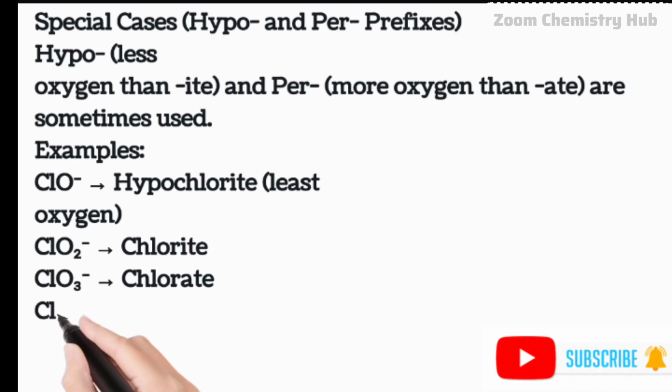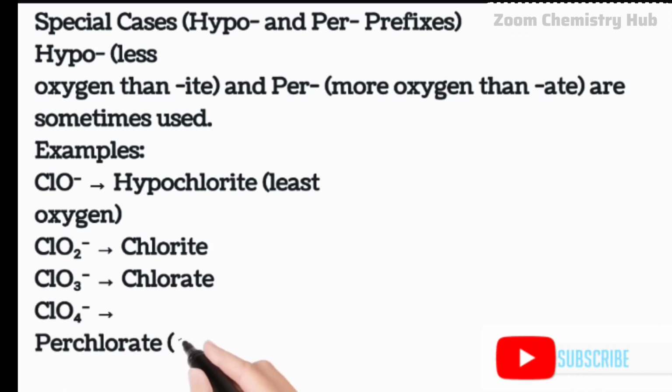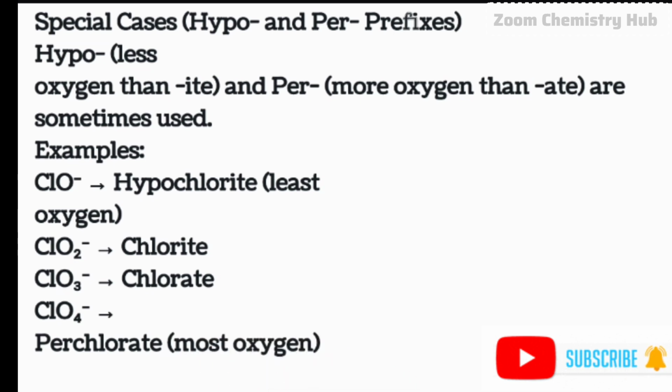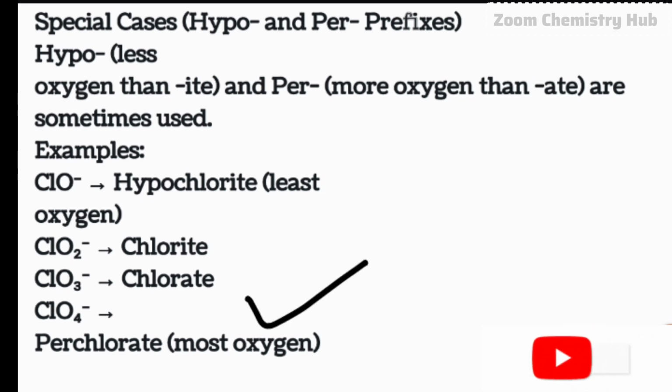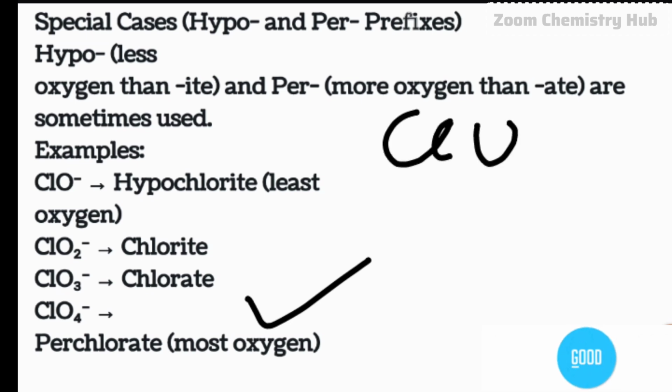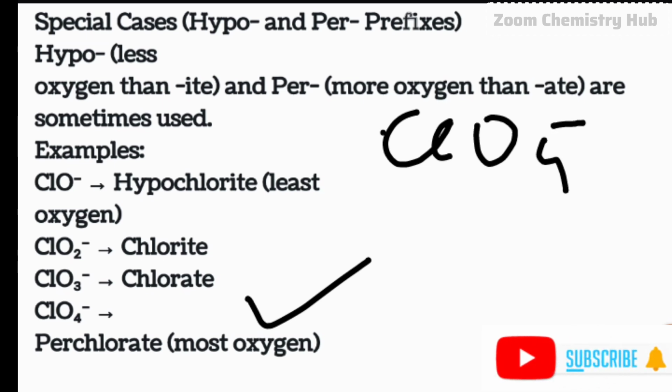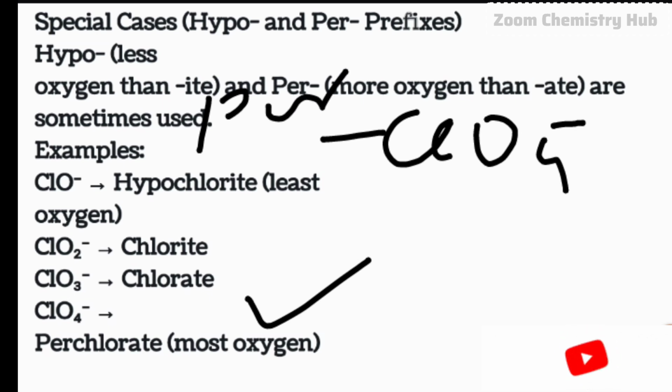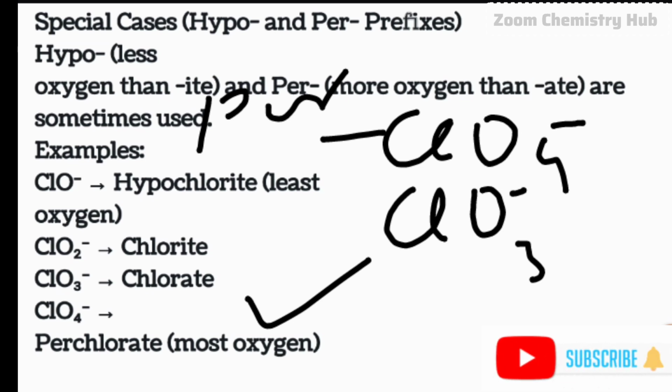So here perchlorate is ClO4 minus, perchlorate, ATE. When one oxygen is less, that is ClO3 minus, this is chlorate, ATE.